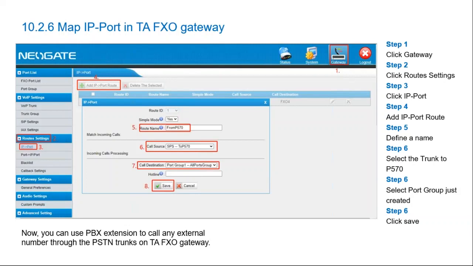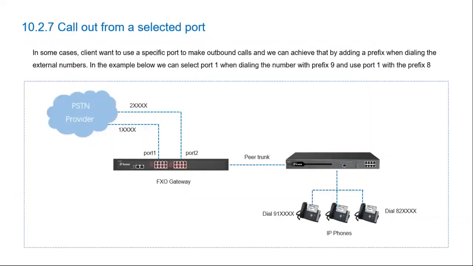That's why I mentioned you can create a port group, but it's optional. If you don't want to use the port group, that's fine. That means you're supposed to select a very particular interface, a very particular port. So it depends on you. We can choose to enable the port group, or we can just forget about it. Okay, the next step, we're just going to be able to realize external calls and handle incoming calls based on our gateway. So this is basically what it is.